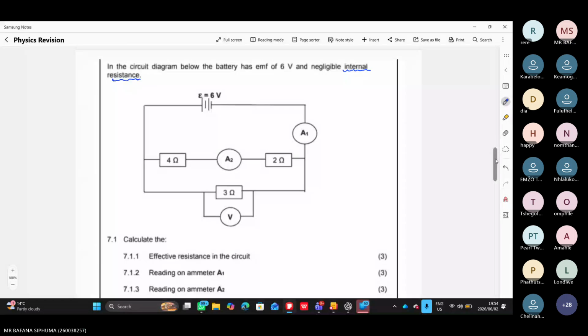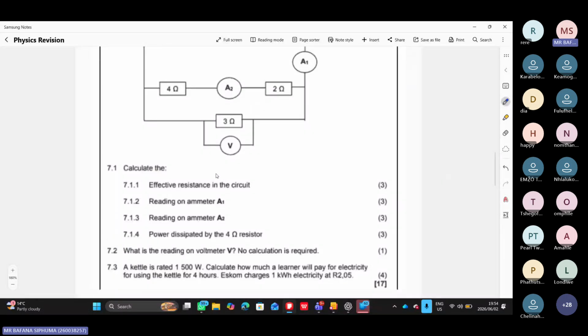So the first question, we're looking for the effective resistance in the circuit. And in order to count the effective resistance, they actually want what? They actually want the total resistance, if I'm not mistaken. Yes, they want the total resistance. So the simplest way I tell people: first simplify your diagram.